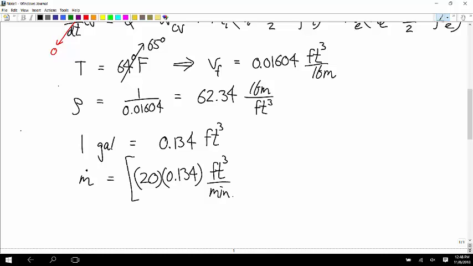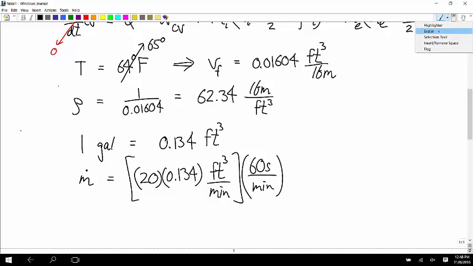And then a minute is 60 seconds, so we multiply by the reciprocal of that. One minute is 60 seconds. So that's the volumetric flow rate in cubic feet per second.